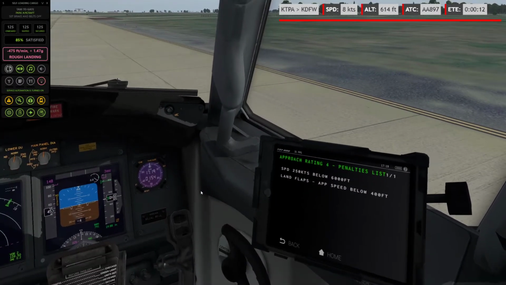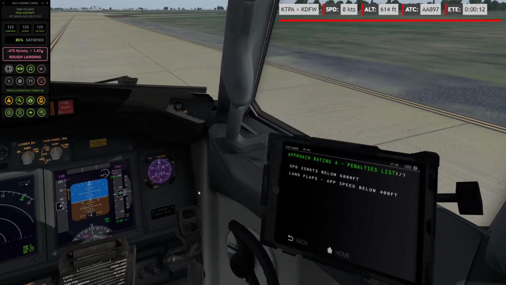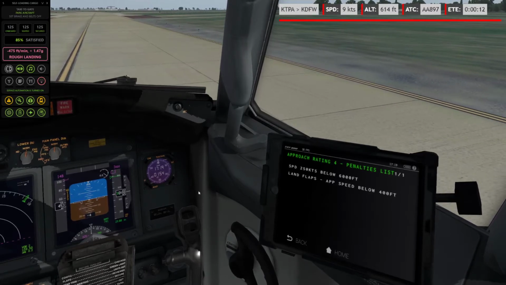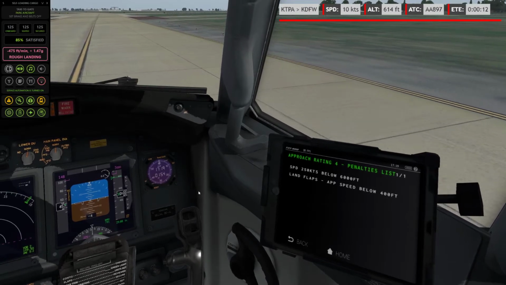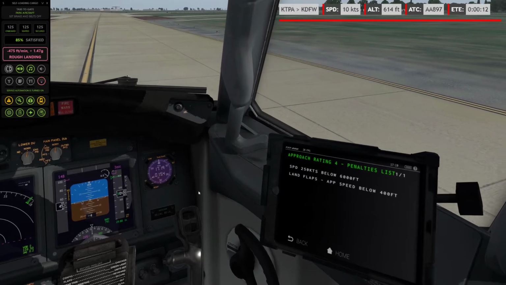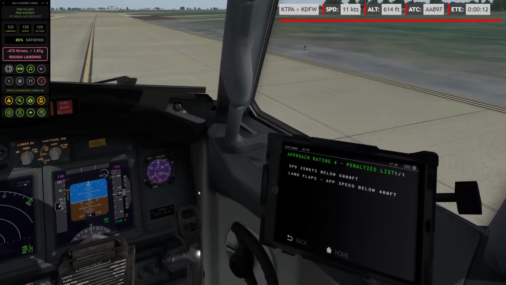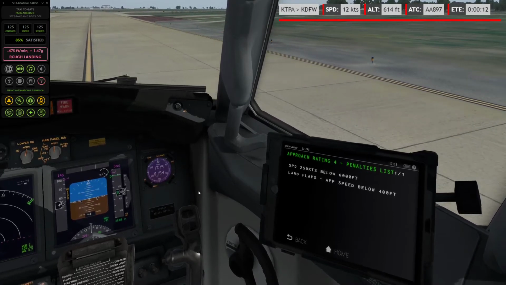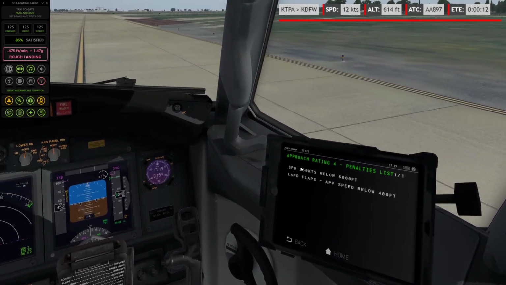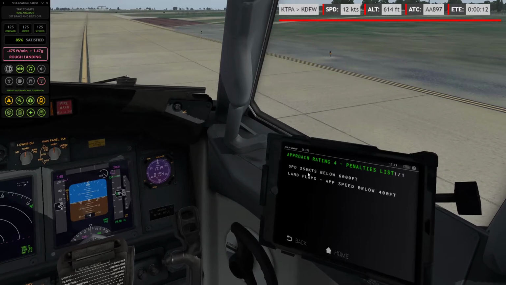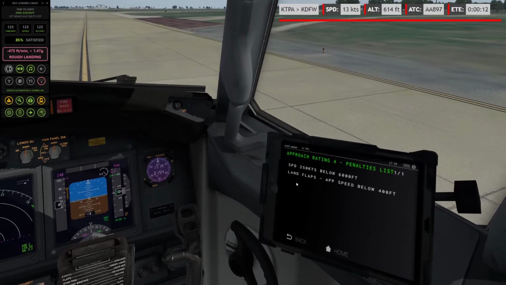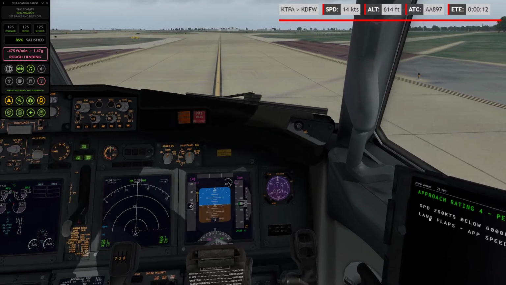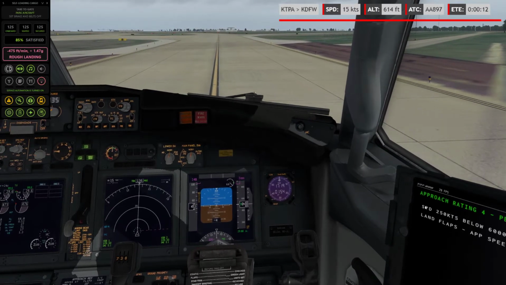So what was that? Speed 250 knots below 6,000 feet, landing flaps approach speed below 400 feet. Oh, that's interesting. So it says speed 250 knots below 6,000 feet. I would assume that we are allowed to be 250 knots below 6,000.